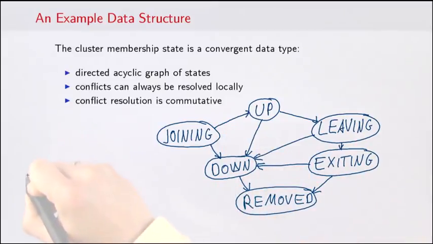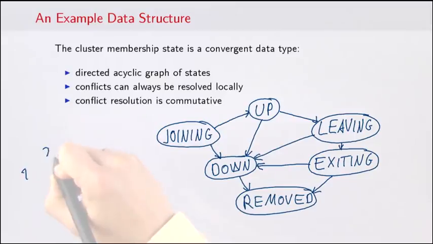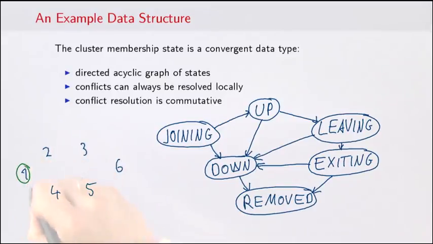For example, we have a cluster here with a few nodes. And this one learns something about, say, node 4. And this one learns something else about node 4. Then the information might spread.